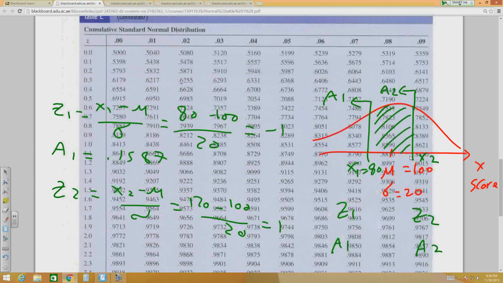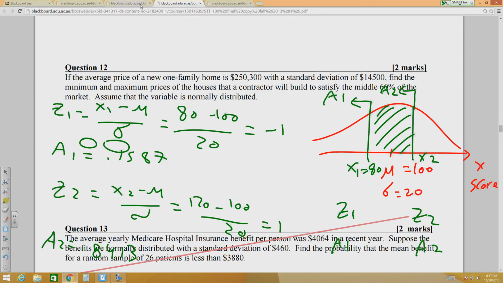Z equal to 1, and the answer is this one. So area 2 equals 0.8413.